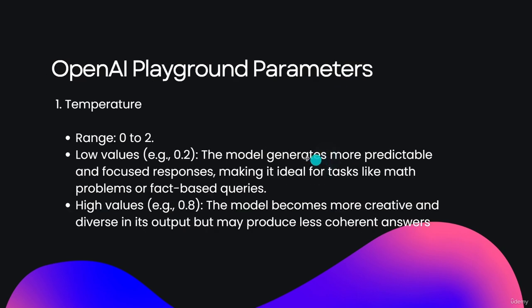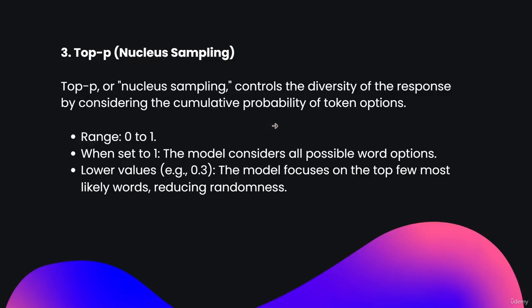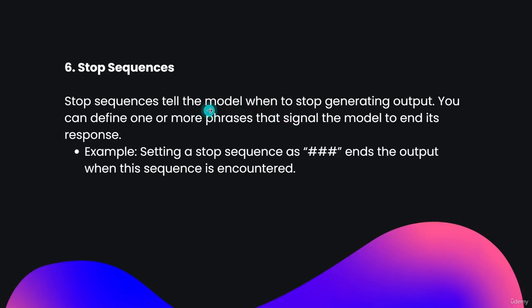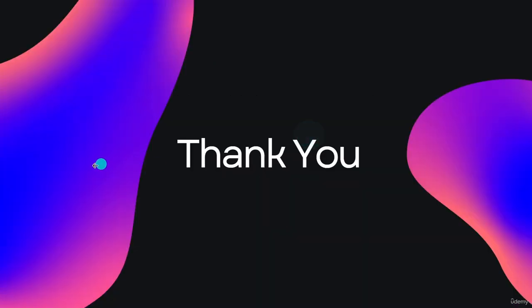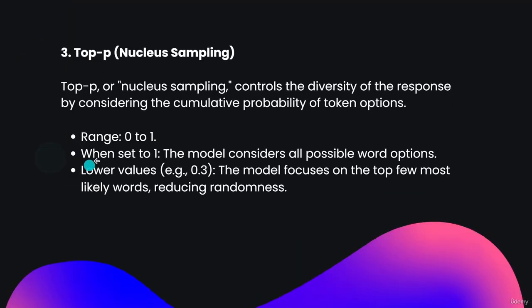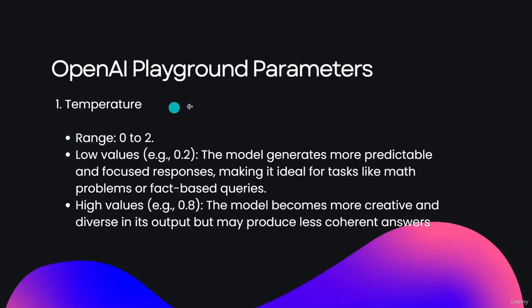It is all about OpenAI Playground. It has some parameters like temperature, maximum tokens, top p, that is sampling, frequency penalty, presence penalty, and the last one is stop sequence. Don't worry, we will see each one by one in detail.